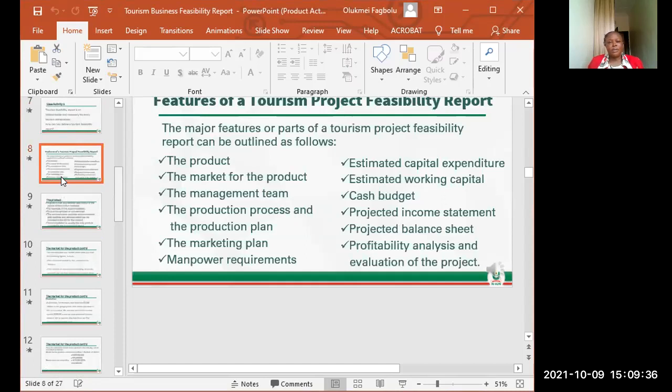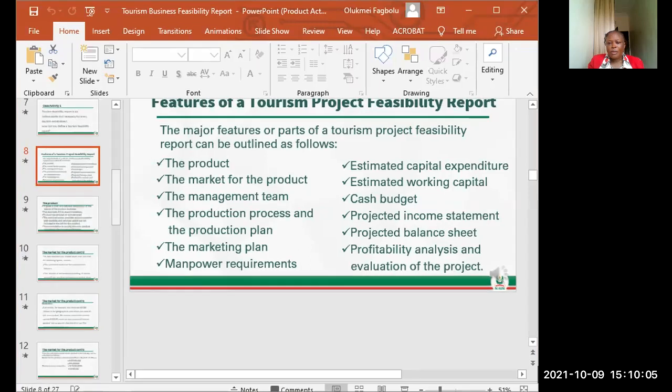The elements in a feasibility report are the products, the market for the products, the management team, the production process and the production plan, the marketing plan, manpower requirements, estimated capital expenditure, estimated working capital, projected income statement, projected balance sheet, probability analysis, evaluation of the project.